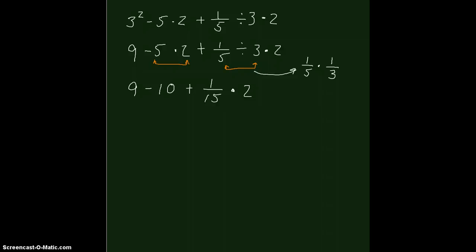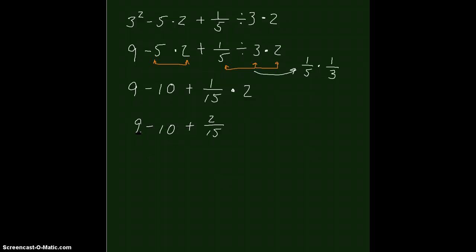So we did this one, and then we're going to go left to right. So we did the first one, and now we're going to multiply it by 2. So I'll do that here. 9 minus 10 plus, and this will be 2/15. Now I'm going to do the addition and subtraction left to right. So addition and subtraction is all that's left.